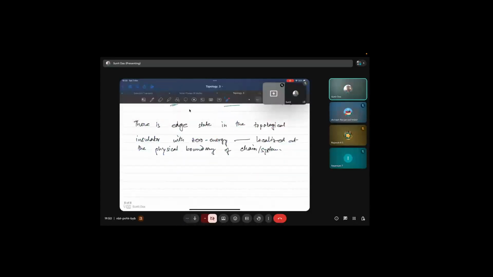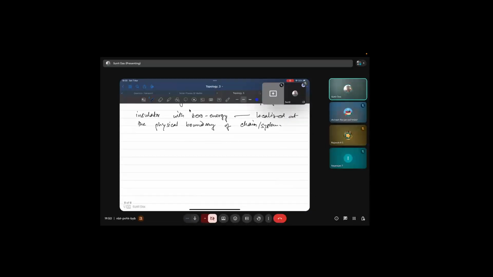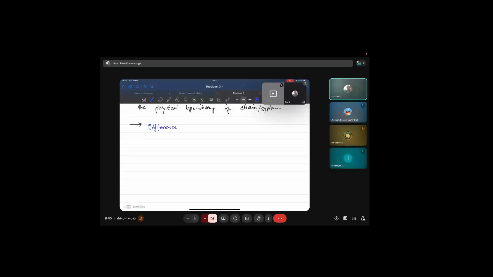Okay, so what we find is that there is a difference in the insulators which manifests at the boundary of the system, right?